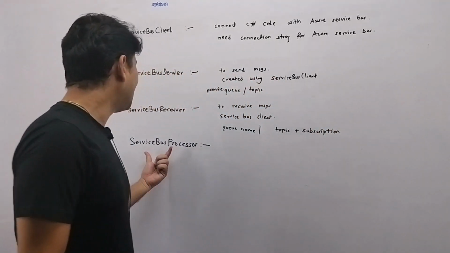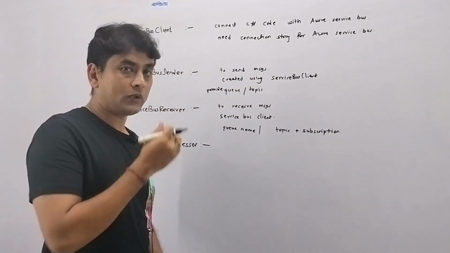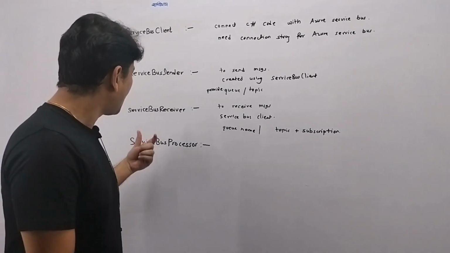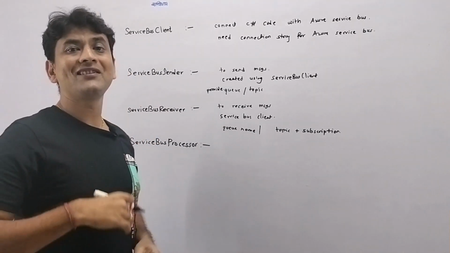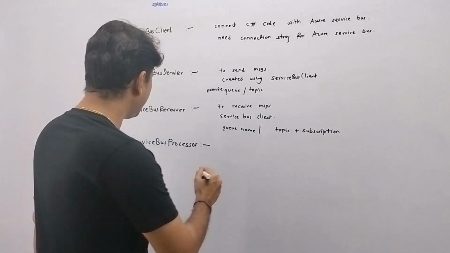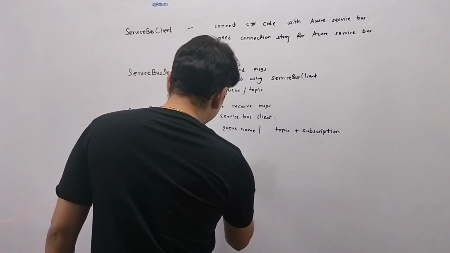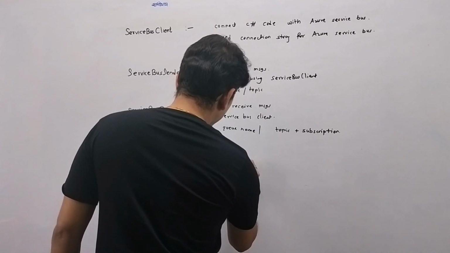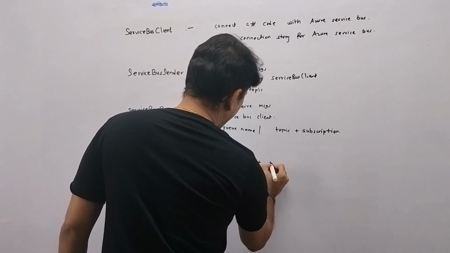And finally, this Service Bus Processor. Now consider it as a Service Bus Receiver only, but with a few additional features. So I will say it's actually receiver plus additional features.